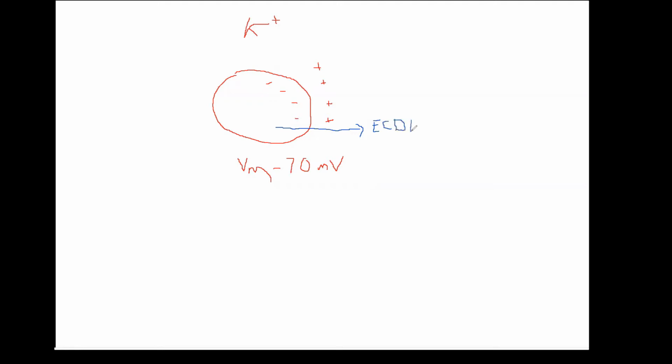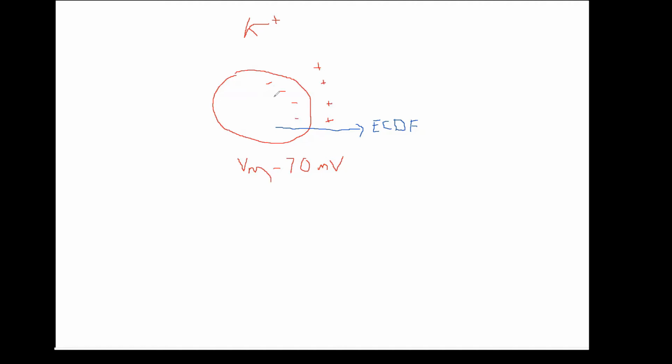Now we know that the electrochemical driving force is a combination of our chemical driving force and our electrical driving force. So from this information, we can deduce a couple of things. The first question, part A, that I asked, is to figure out which direction the electrical driving force on potassium goes. For that we do have to reference this other fact.